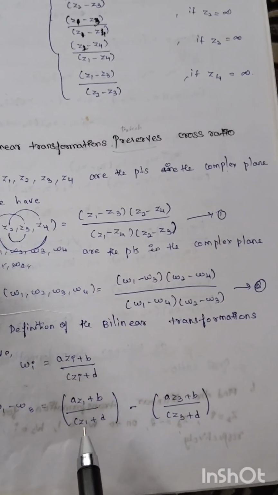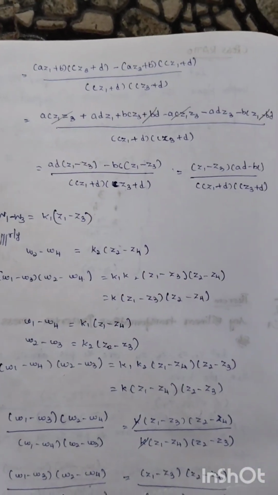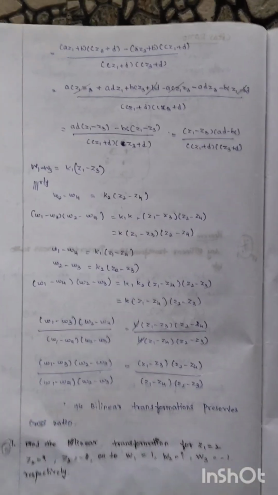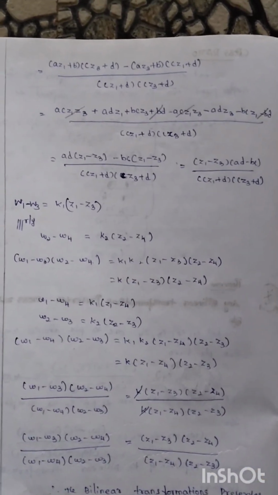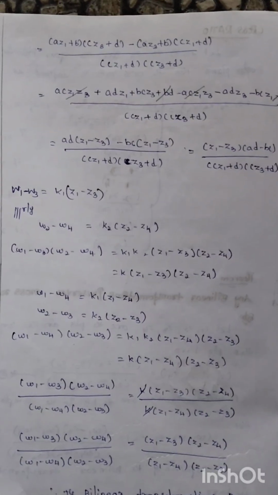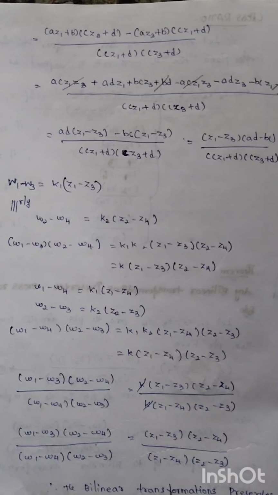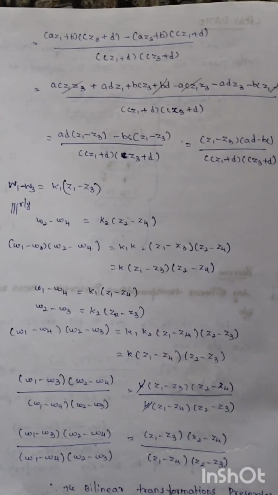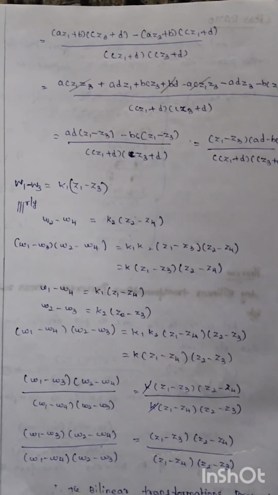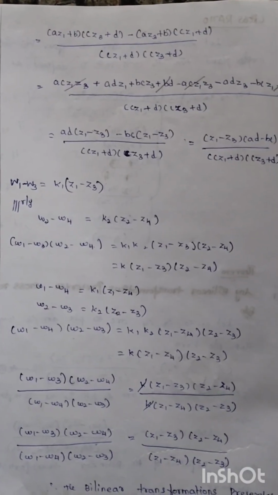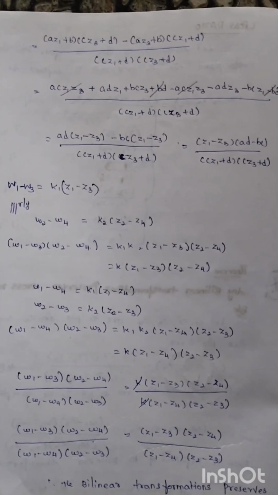Now we have to find the LCM. We get (a z1 plus b) into (c z3 plus d) minus (a z3 plus b) into (c z1 plus d), divided by (c z1 plus d) into (c z3 plus d). Now we can expand this.